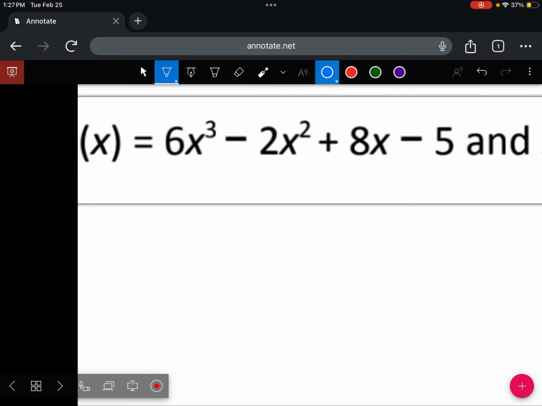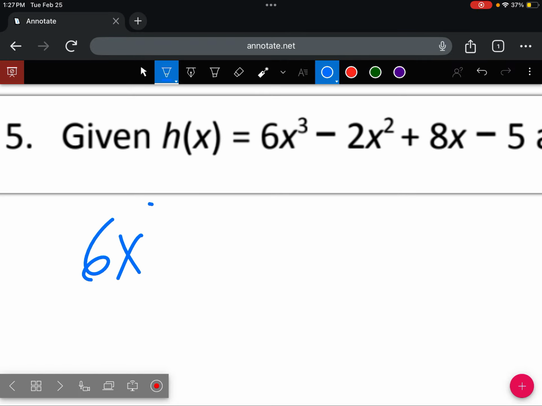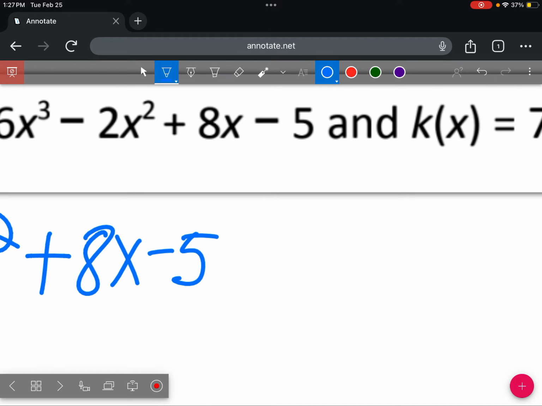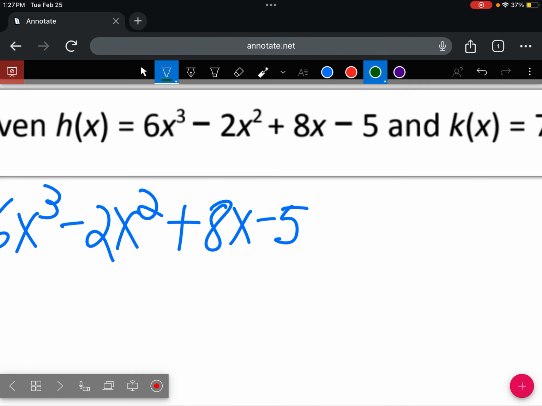H of x is 6x to the third minus 2x squared plus 8x minus 5. We're adding, and then we could just list this out.